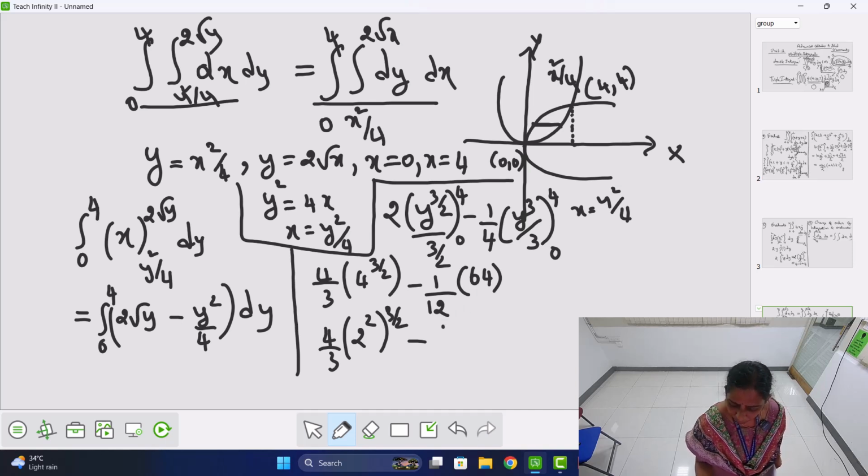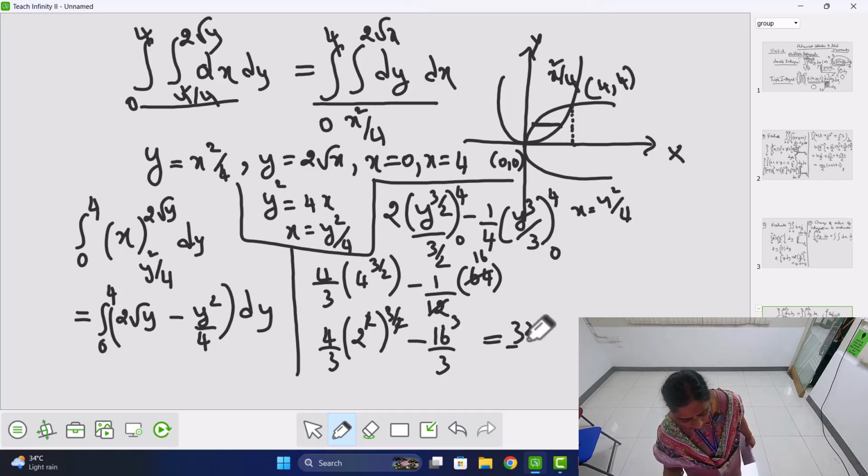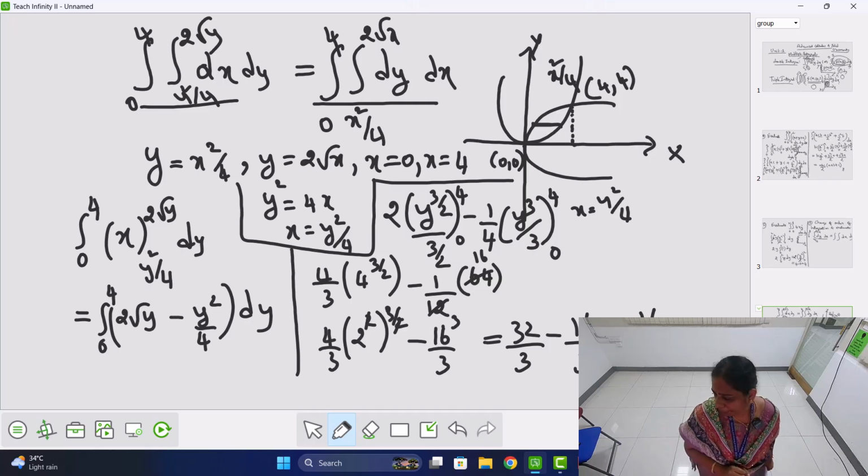Okay. So 4 3's, 4 16's. Yes, 16 by 3 I'll get there. So 16 by 3, and here 2 2's get cancelled. So I'll get 32 by 3 here minus 16 by 3, which is equal to 16 by 3, the required square units for this double integration.